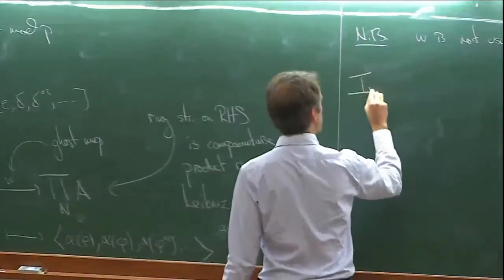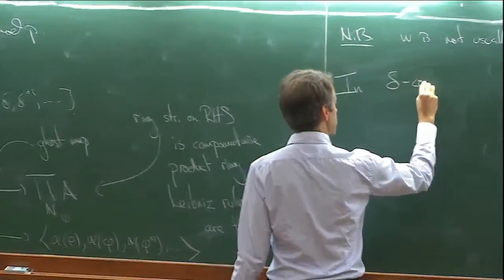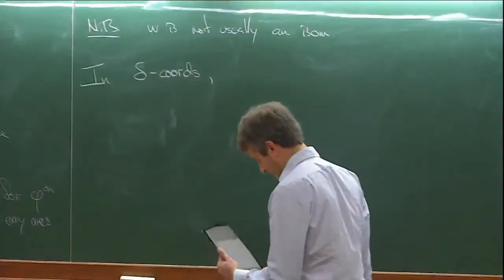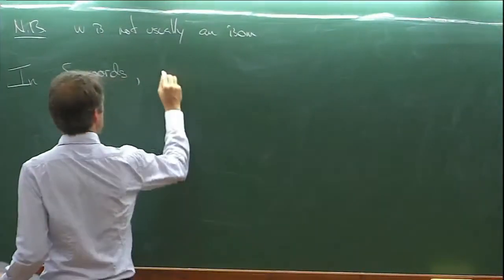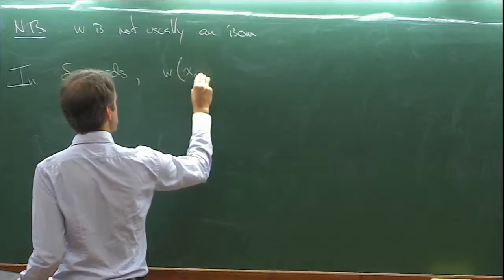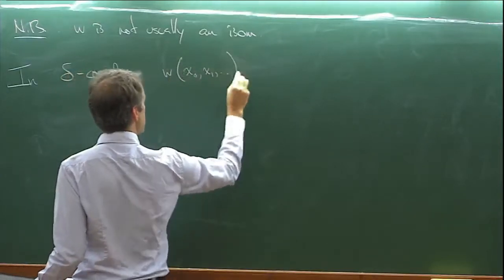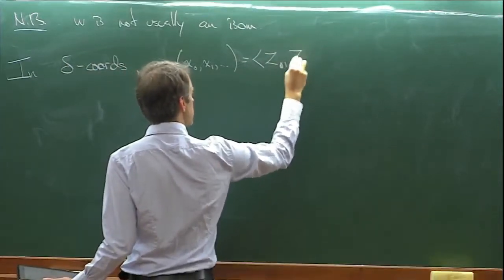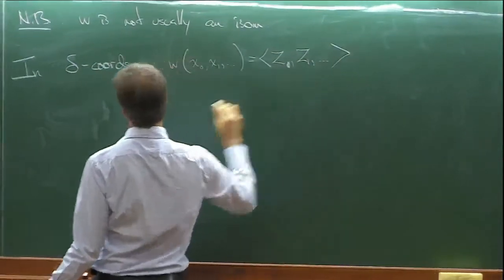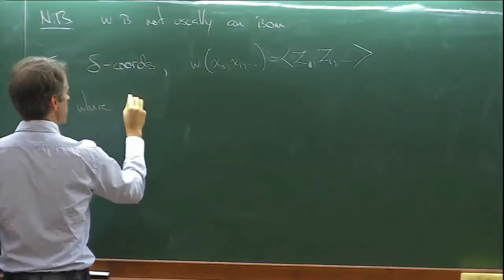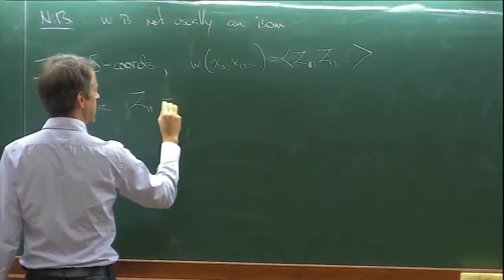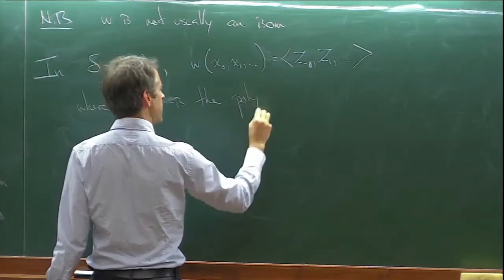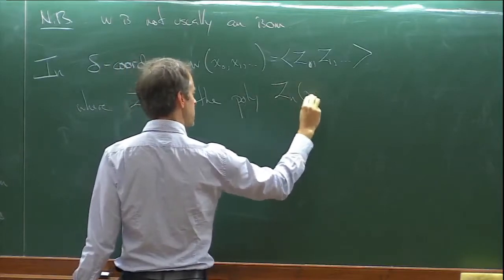So in delta coordinates, or I sometimes say delta coordinates instead of Boolean-Joyal coordinates, but I mean the same thing by them, W of a Witt vector x0, x1, and so on, will be a ghost vector, Z0, Z1, and so on, where Zn is the polynomial expression in the inputs.